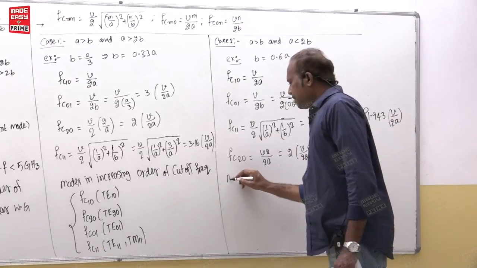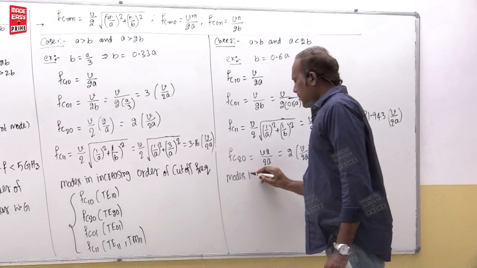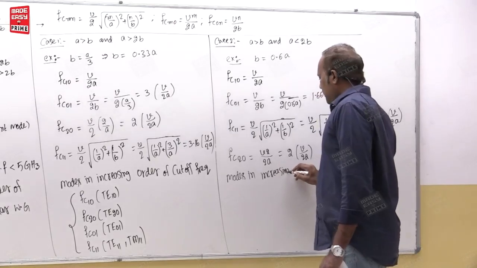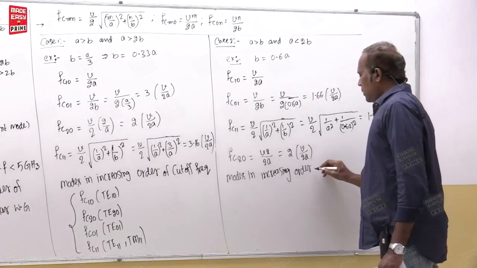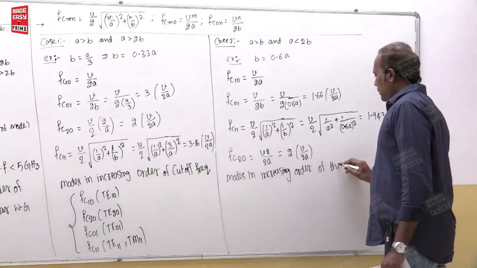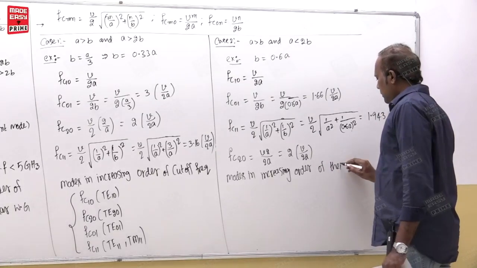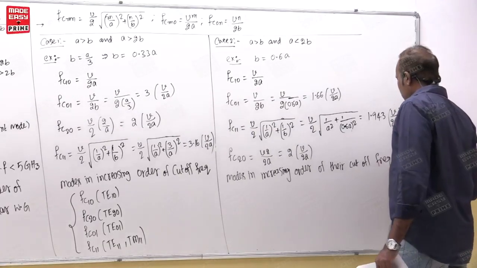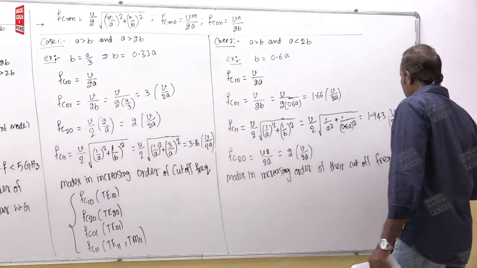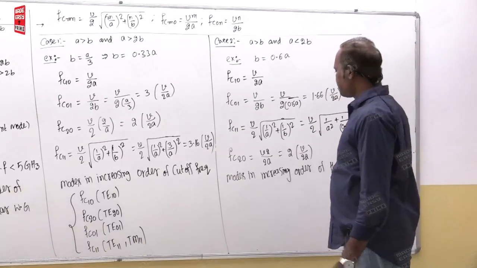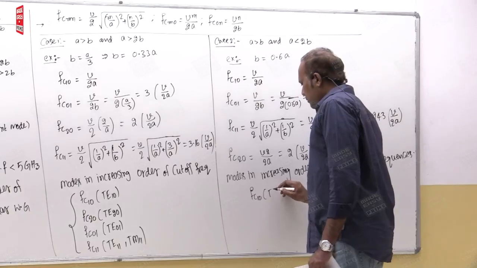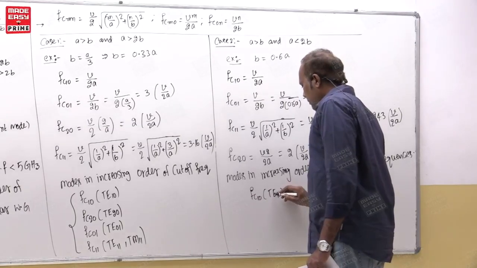So the modes in increasing order of their cutoff frequencies. Okay. The first mode is FC10, that is TE10 mode. Okay.